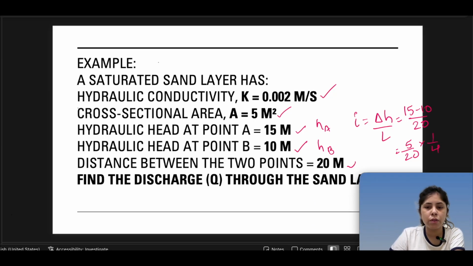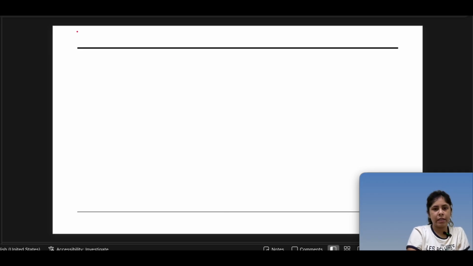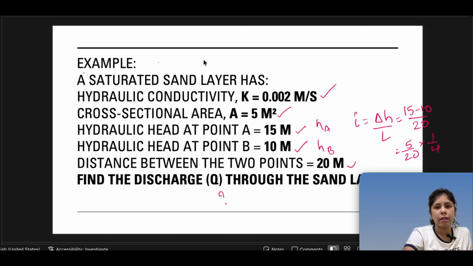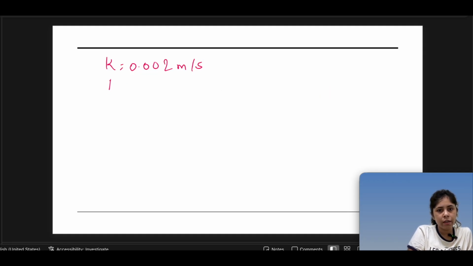Now we have K as 0.002 meter per second, the area, and I is also there, and we need to calculate Q, the discharge. Let's see. K is 0.002 meter per second, right? Area is 5 meter square, and we just calculated I, that's 1 by 4.